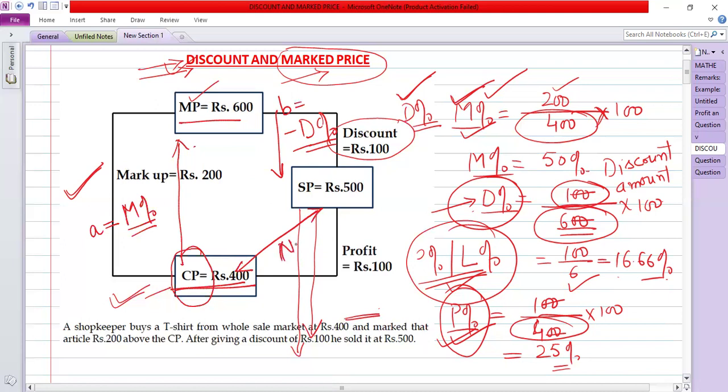Here this net change N is our profit. Why profit? Because selling price is more than cost price.